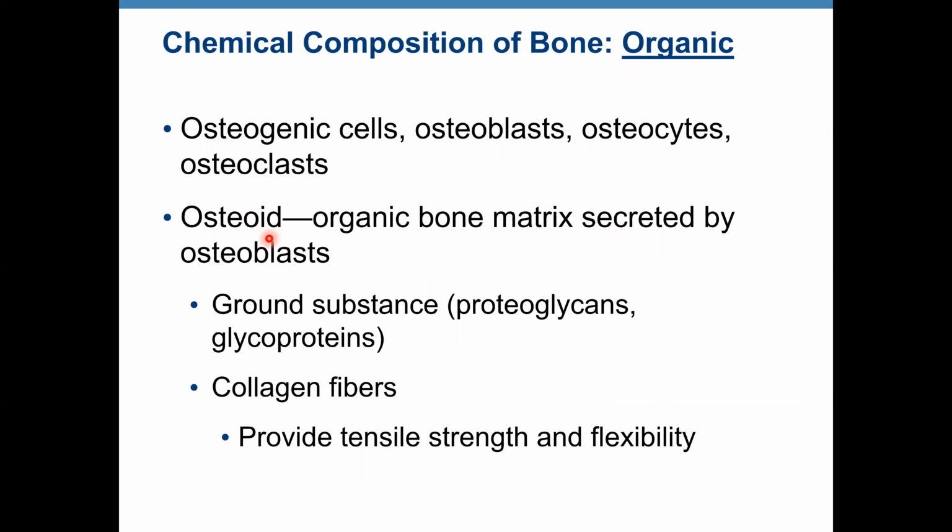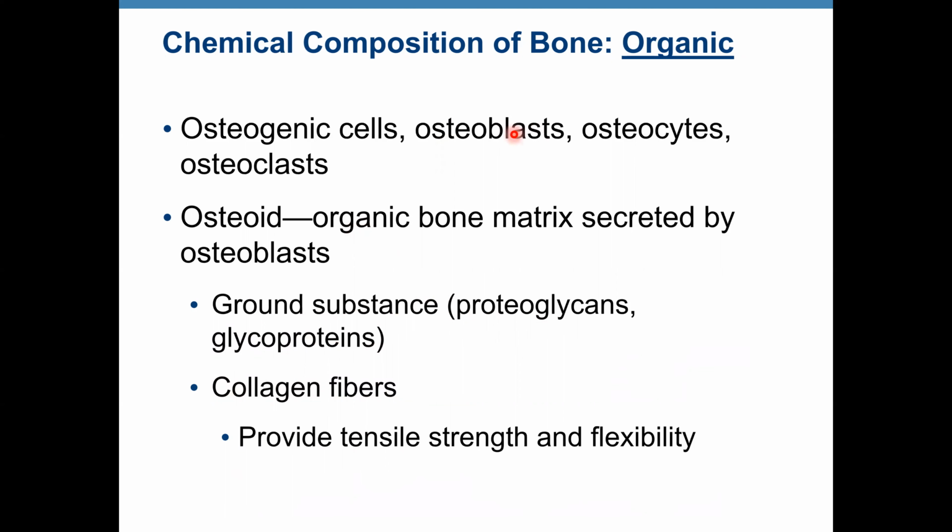And osteoid is made of ground substance and collagen fibers. Now, ground substance is made from proteoglycans and glycoproteins. So ground substance is made from proteins and sugar. And collagen fibers are proteins. They provide tensile strength and flexibility. So does it make sense?